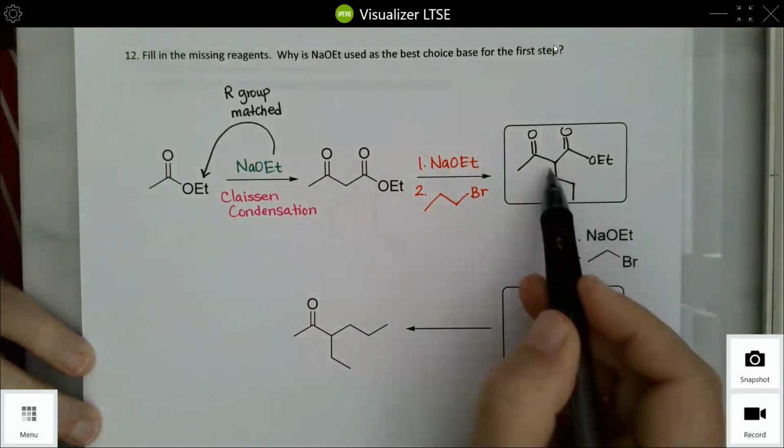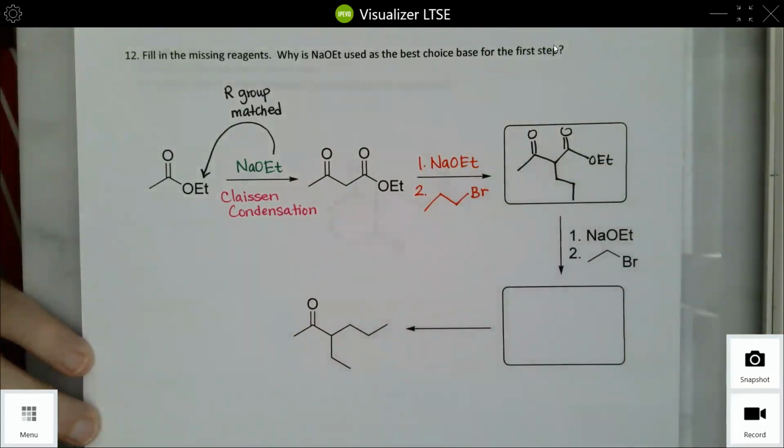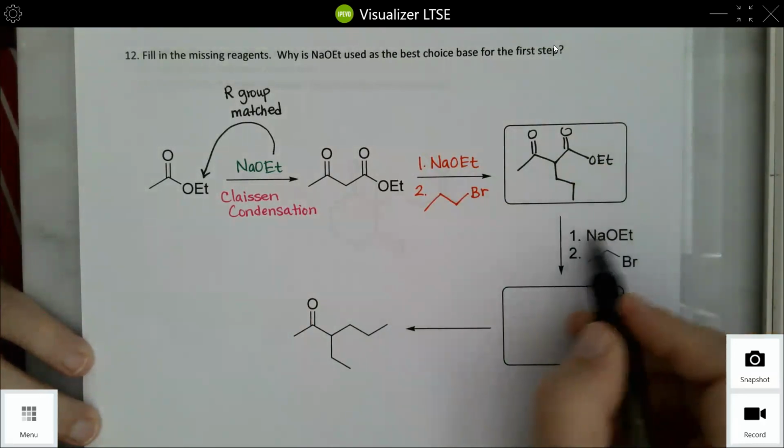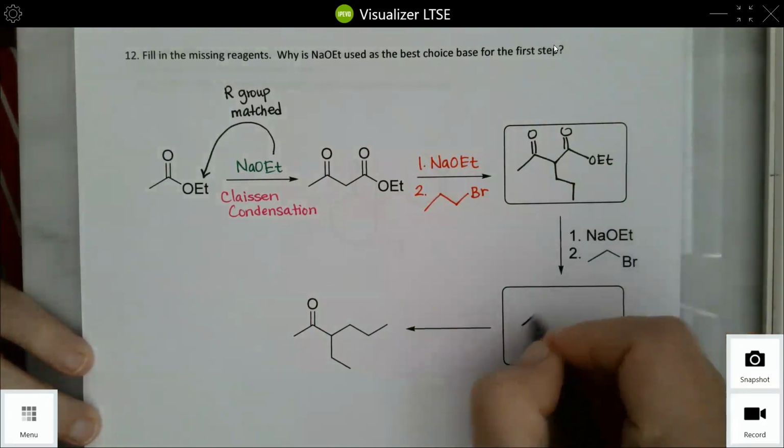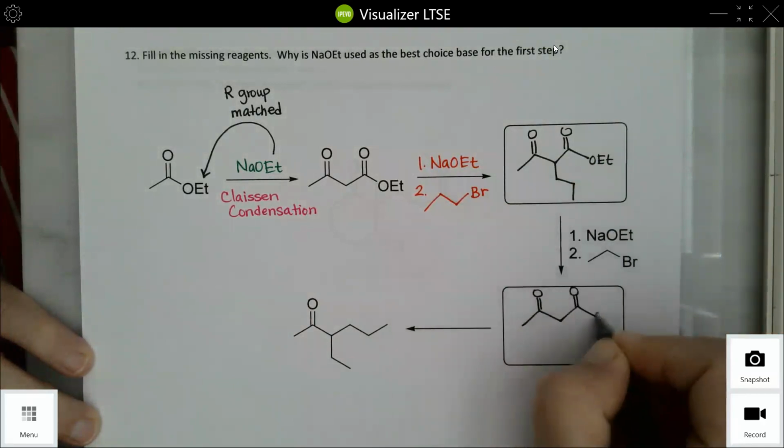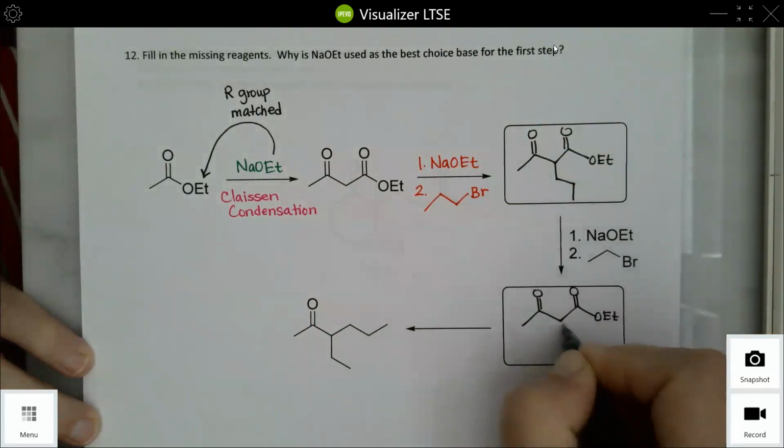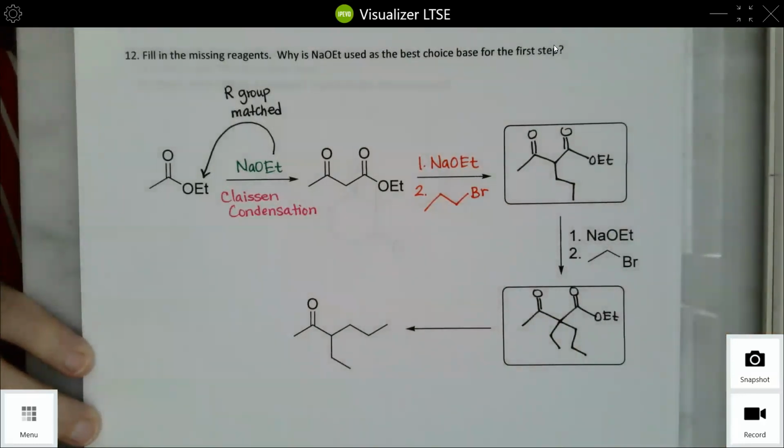We can do that again because there's still a hydrogen here that can be removed with the base. We can alkylate a second time. So we can add in 1, 2, 3 and 1, 2.